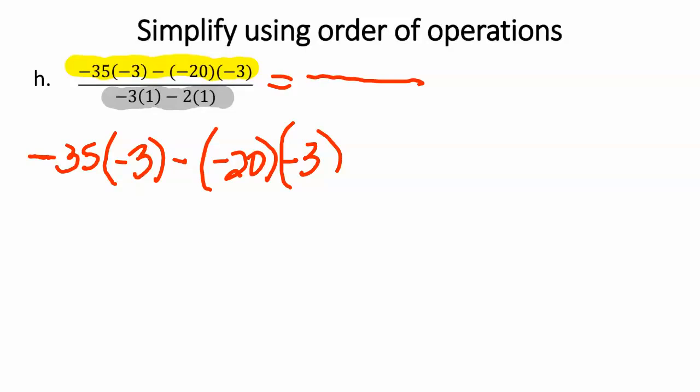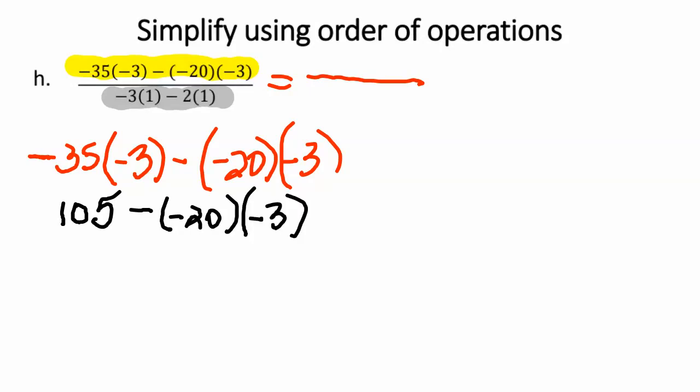Okay, order matters. Negative 35 is next to negative 3, which means that I'm multiplying two negative numbers, which will give me a positive 105 minus a minus -20, -3. I did these two first. Well, now I need to do these two first.